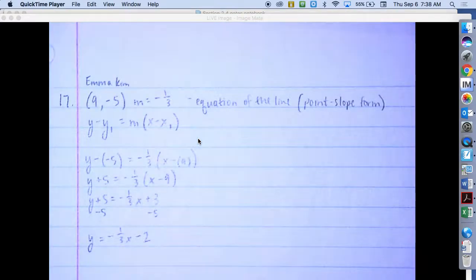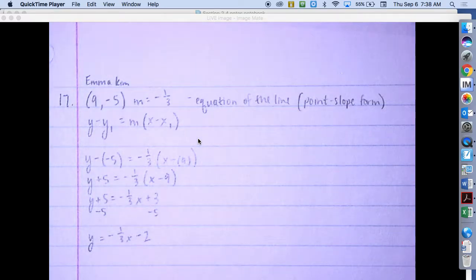So we're going to start with Emma because she has number 17. The point was (9, -5), and the slope was -1/3, and we were supposed to write an equation of the line in point-slope form.